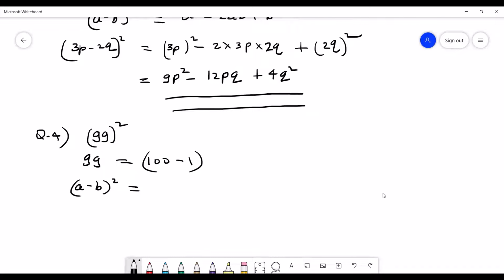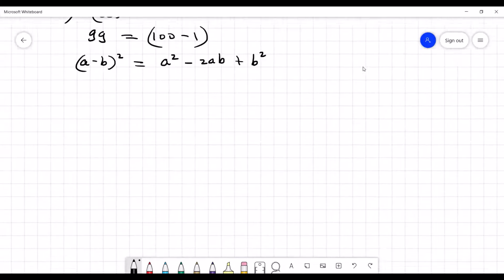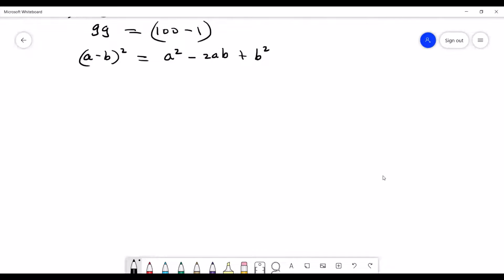So write down the identity in your answer clearly, so that you will not commit any mistake, and it will also clearly give a message to the teacher that you are going as per the identity. So here this will become 100 minus 1 whole square. So a stands as 100 square, then 2 into a, which is 100, into b, which is 1, plus 1 square.